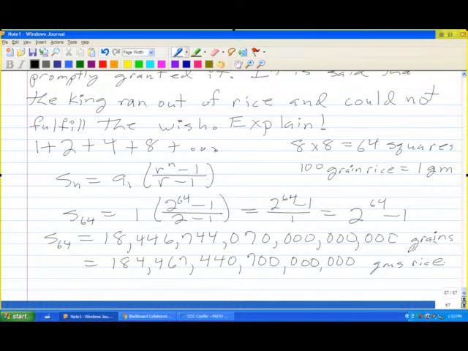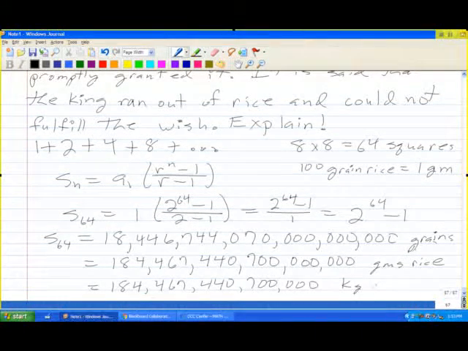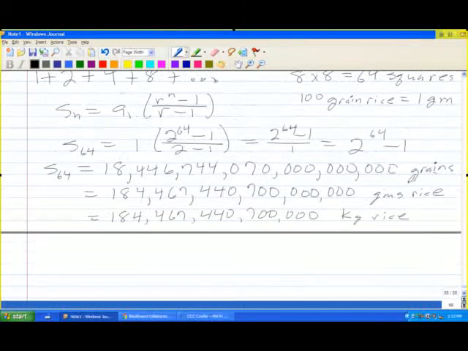So 1,000, million, billion, trillion, quadrillion. Okay. And let's do kilograms. These are kilograms of rice. So that's 1,000, million, billion, trillion.